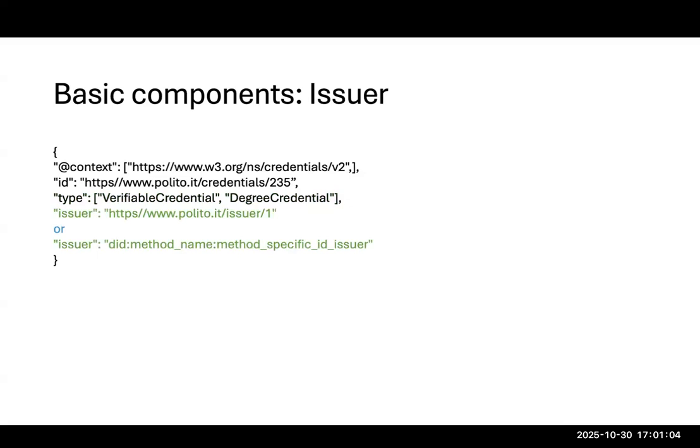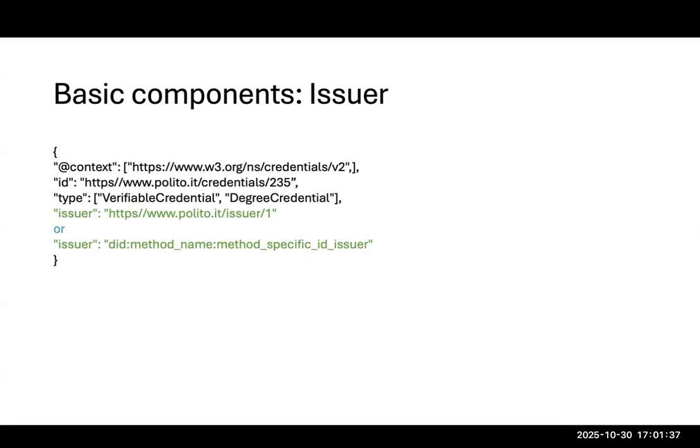Then the issuer. So the property issuer defines which issuer is issuing this credential. You will typically see two options. It can be a URL that identifies the issuer or a DID.